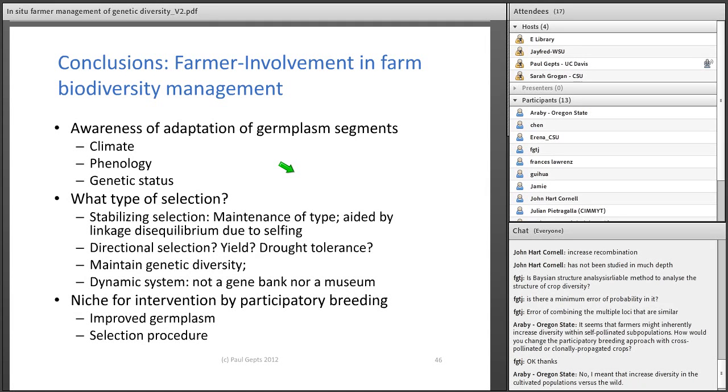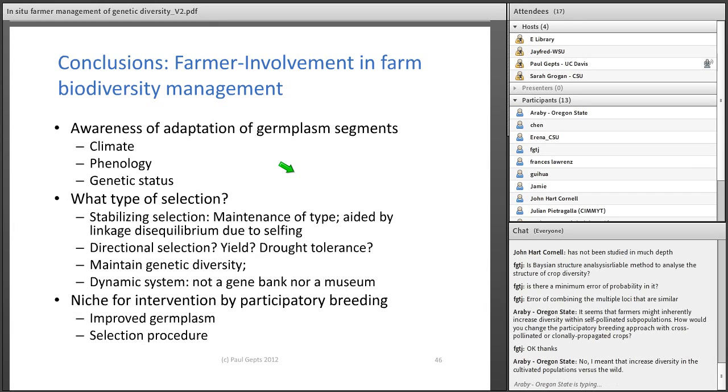Well, you talk about error combining multiple loci that are similar. In a sense, you have that in beans in terms of the separation by Andean versus Mesoamerican. We had seen this very early on, I would say 20 years ago, when we ran isozymes.